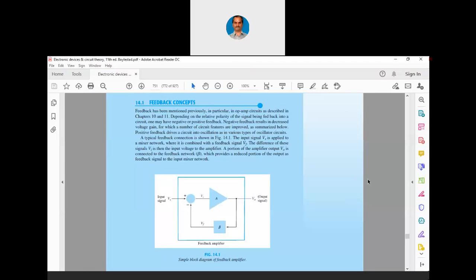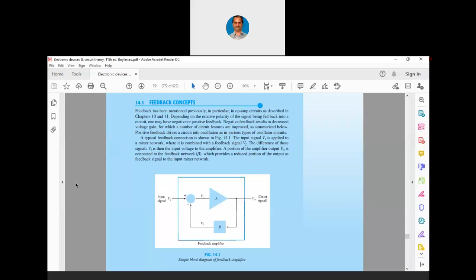The name for module 4 is feedback and oscillators. In module 1, we discussed the basics of BJT, DC and AC analysis. In module 2, we discussed the FETs, DC and AC analysis.